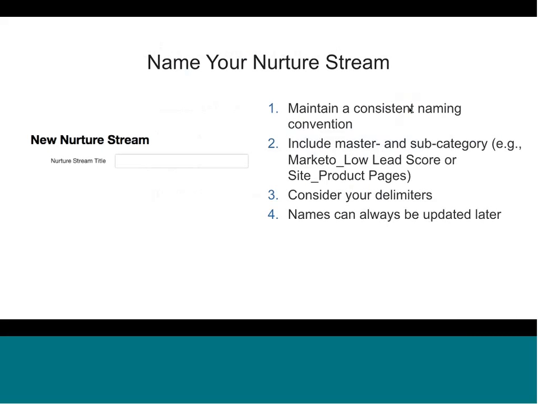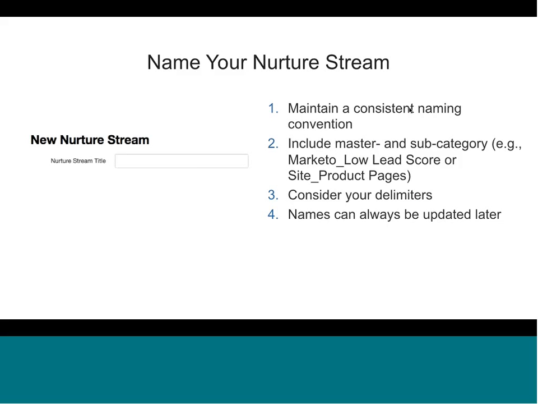You might want to include some indicator in the names of your nurture streams so you can easily tell which are part of the known group and which are part of the anonymous. You might also include naming around what pages you're paying attention to and what demographics you're using, and you just want to be consistent. What's the order of those different categories as you typically list them? And what is the character that you're using to delimit between the different types of categories?